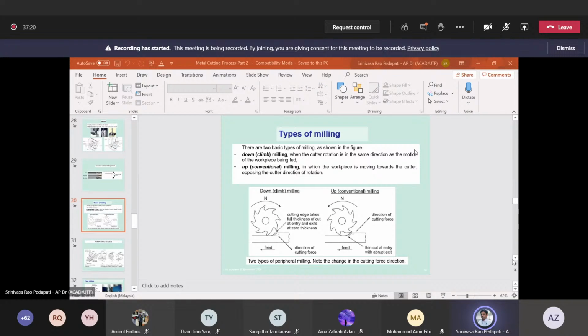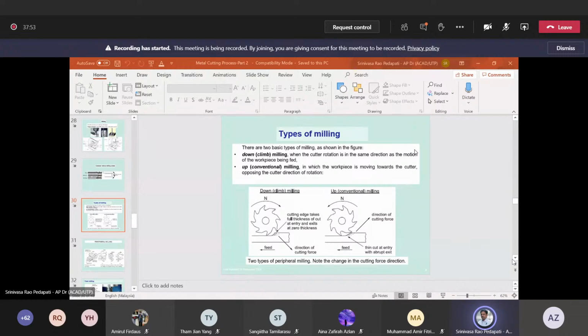Whereas in the other case, climb milling, the tooth is subjected to sudden load, that means impact load, 20 kilonewton going to 0. When 20 kilonewton is suddenly applied, there is an impact which causes vibration. So this is actually the disadvantage. Impact load is one disadvantage, while the disadvantage of up milling is that it is difficult to hold the workpiece, because the forces act upwards, so the workpiece tries to push out.